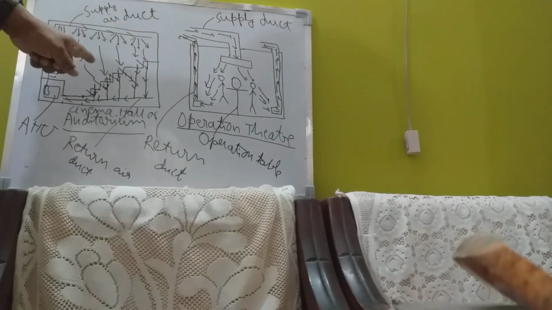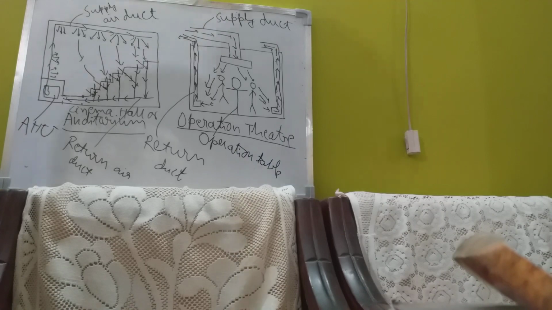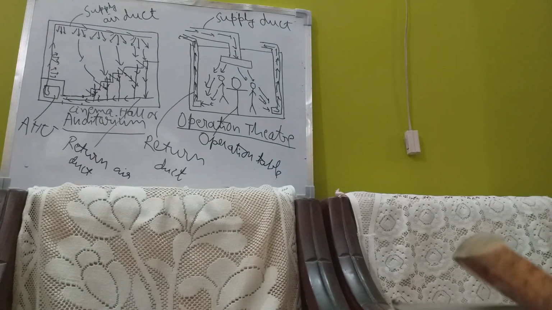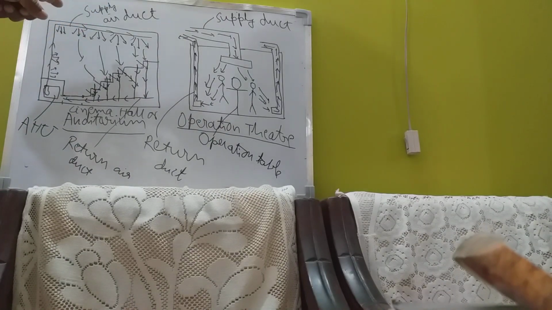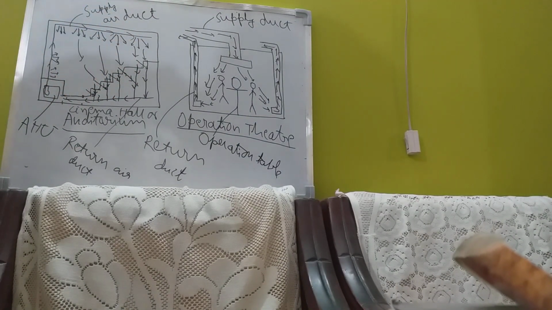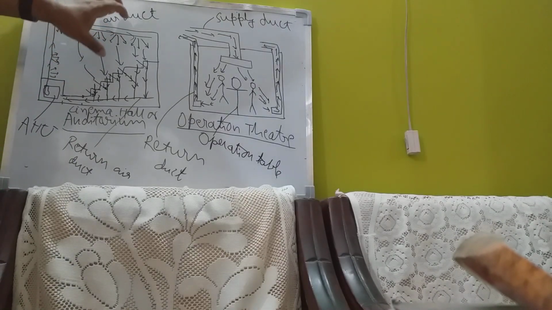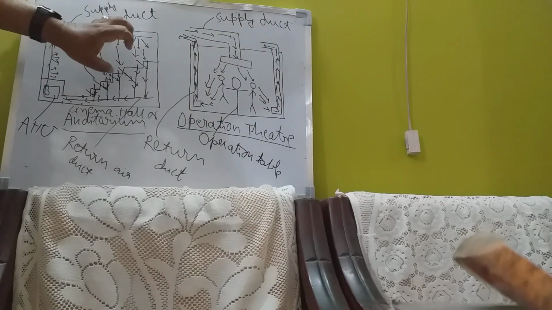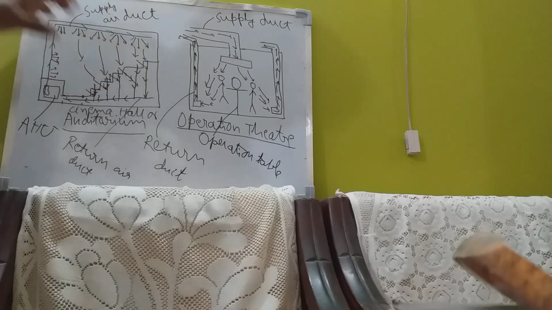See how efficiently and intelligently this has been designed. That is the thing to be noted. How efficiently they have designed the system so that proper air distribution is there. It's not easy to make a proper air distribution through the system. So the design is such that proper air gets distributed through the whole building.